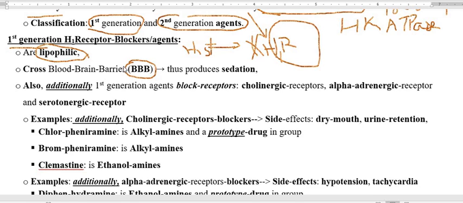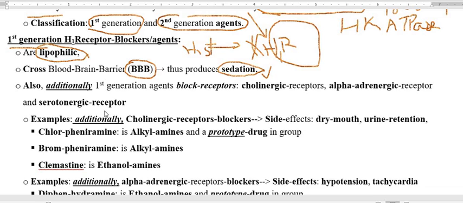So once these blockers reach the brain, they are going to produce sedation. Why is this going to produce sedation? Because we earlier discussed that histamine is going to produce wakefulness. So when we block the wakefulness, automatically this is going to produce sedation.